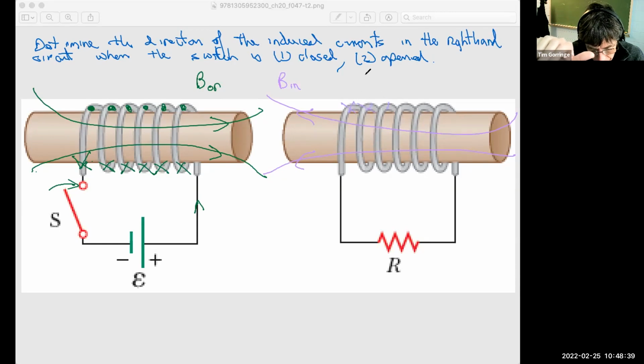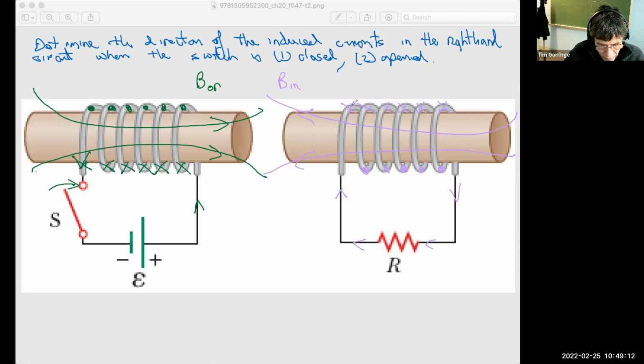So I'll put crosses upstairs here to indicate the current's flowing in here. And they curl out at the bottom of the solenoid. So I'll put dots here to indicate the current is coming out of the screen downstairs here. So the current comes out on the right-hand side of the solenoid, flows from right to left through the resistor, and then it flows back up on the left-hand side of this circuit into the solenoid.